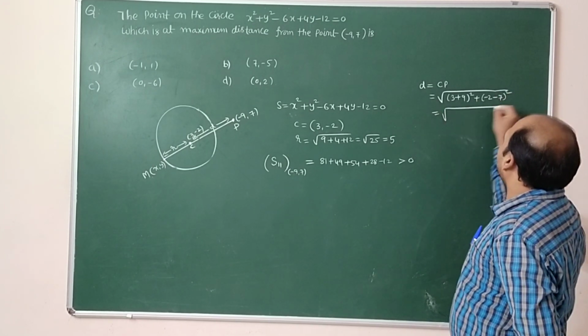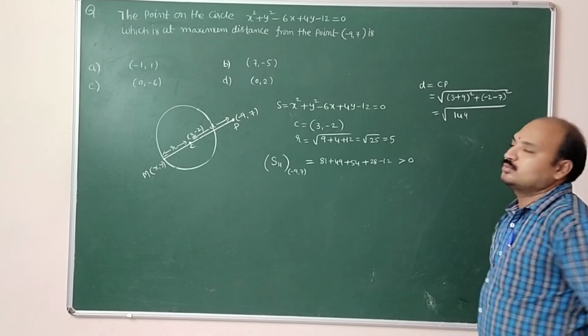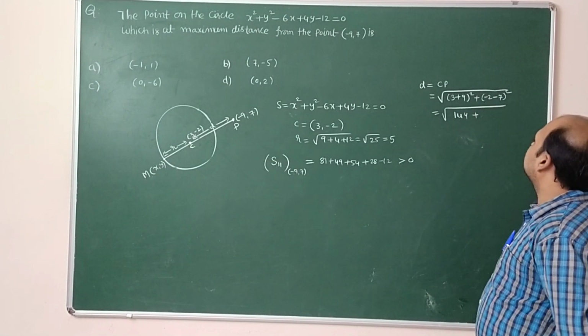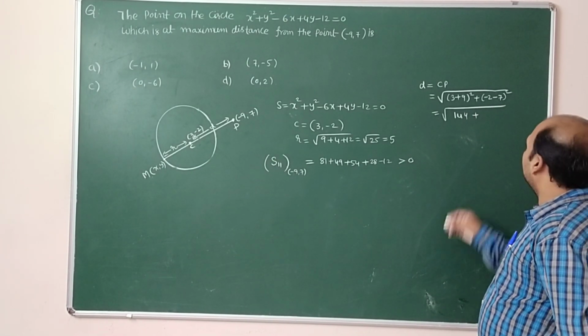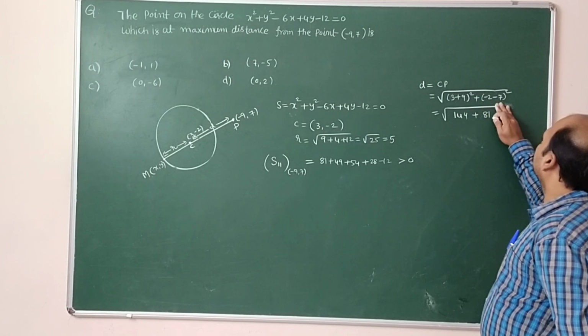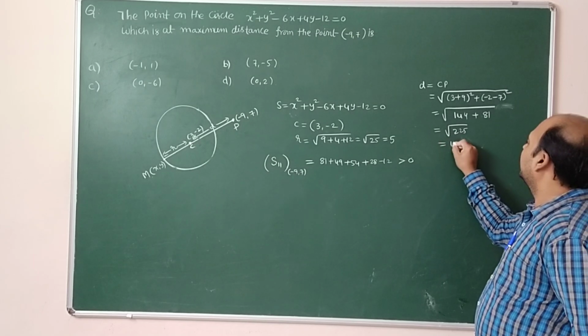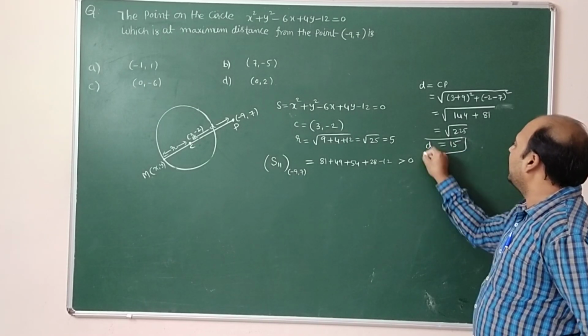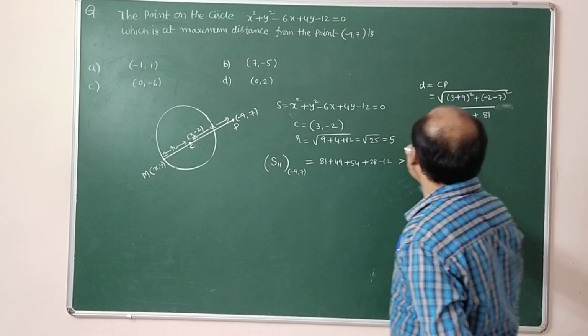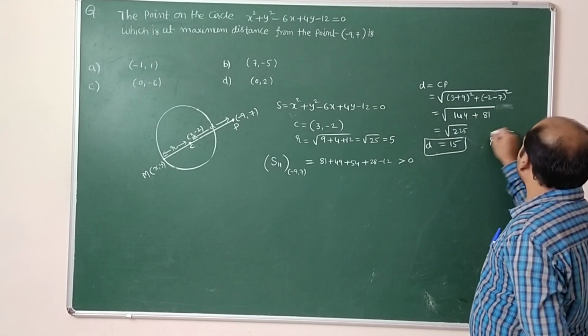So which is equal to root of 144 plus 81, this is minus 9 whole square, so 81. So which is equal to root 225, which is equal to 15. So D value is 15, R value is 5.